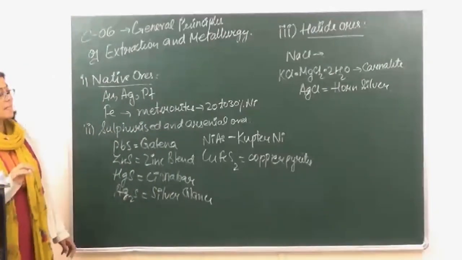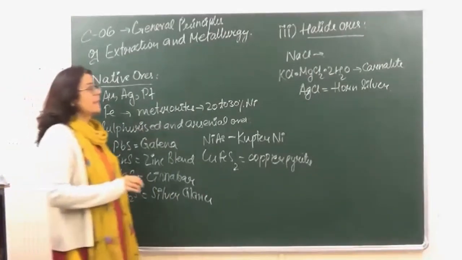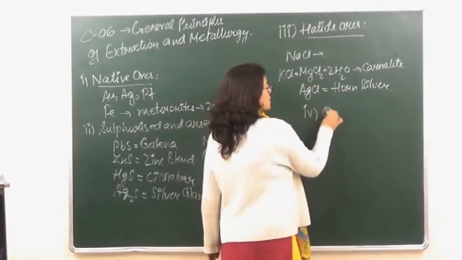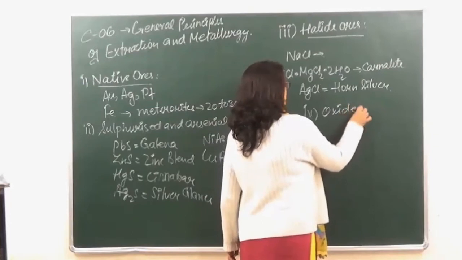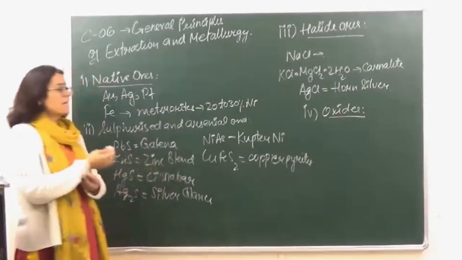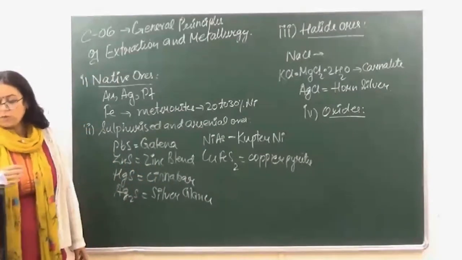But the ones present in the greatest numbers are oxidized ores, oxides, right? Because most of the metals have great affinity for oxygen, so we have a lot of them.